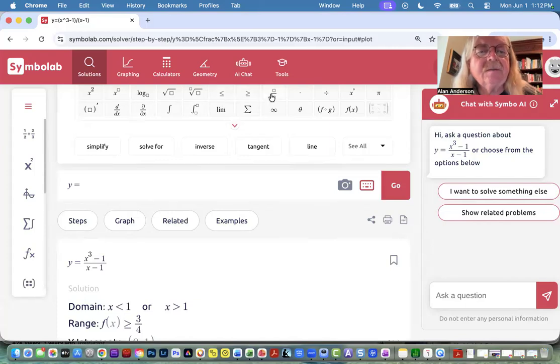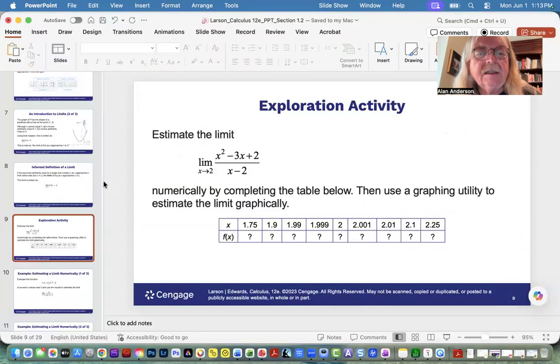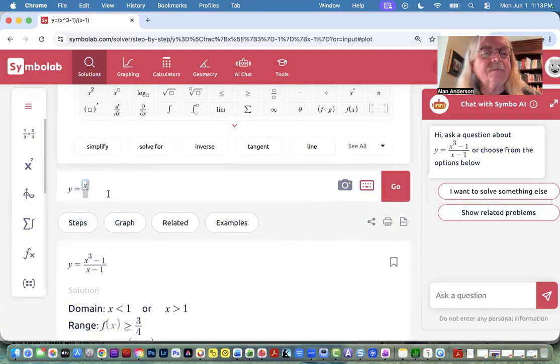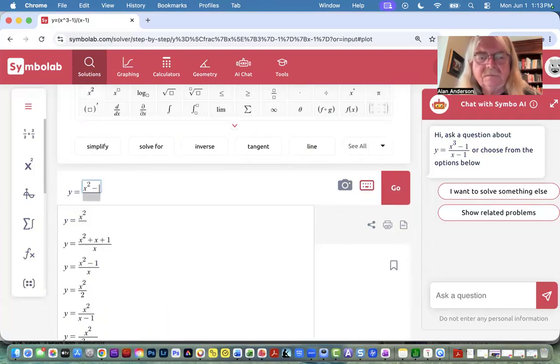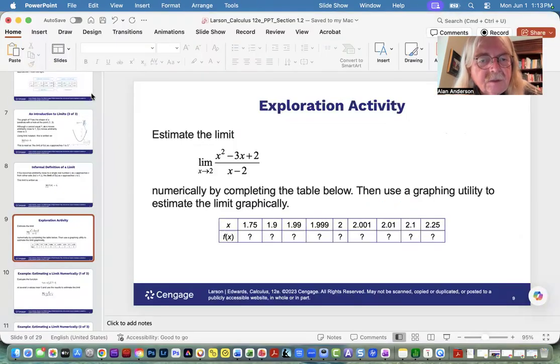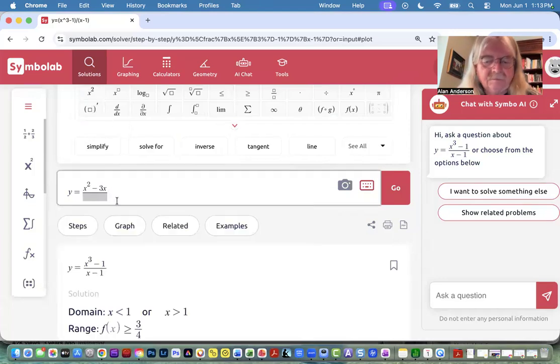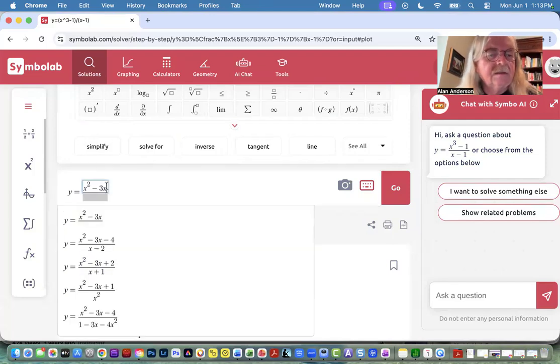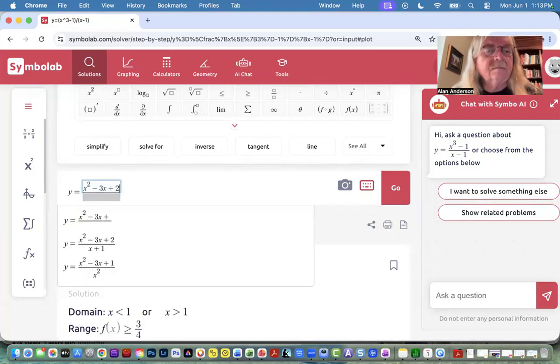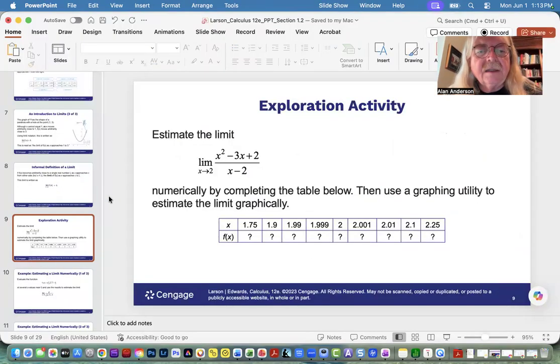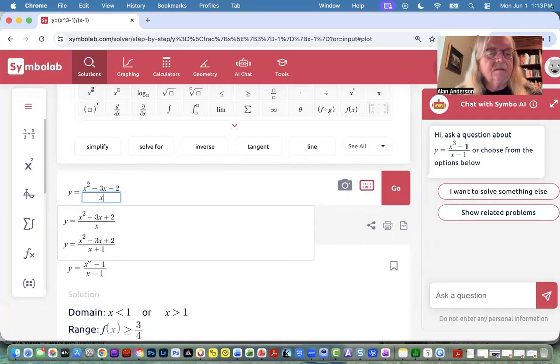We have the ratio of x squared minus 3x plus 2, all divided by x minus 2.